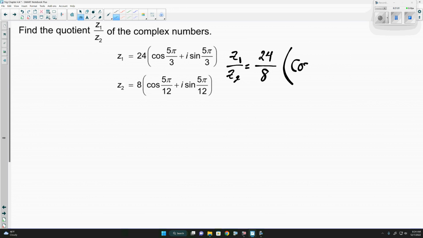Inside, cosine, the angle for the one on top goes first. So here we'd have pi over 3 minus the angle on bottom, 5 pi over 12. I sine, same thing. I'd rewrite it, but I ran out of room.